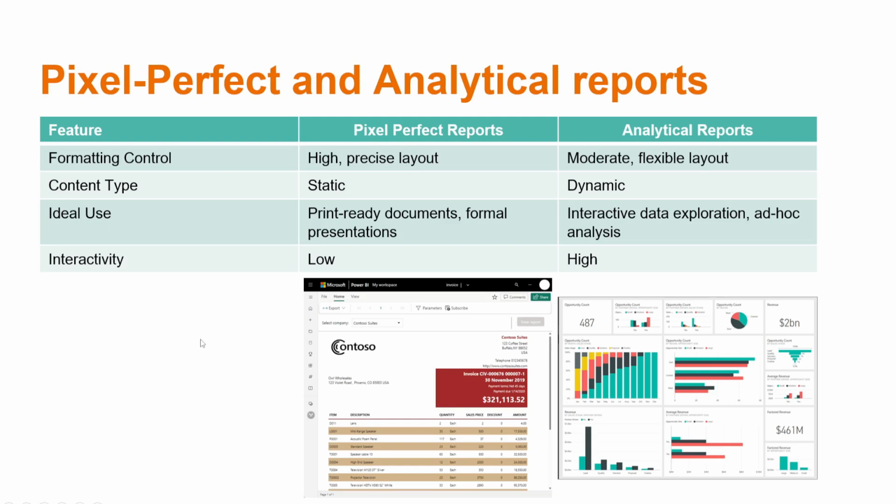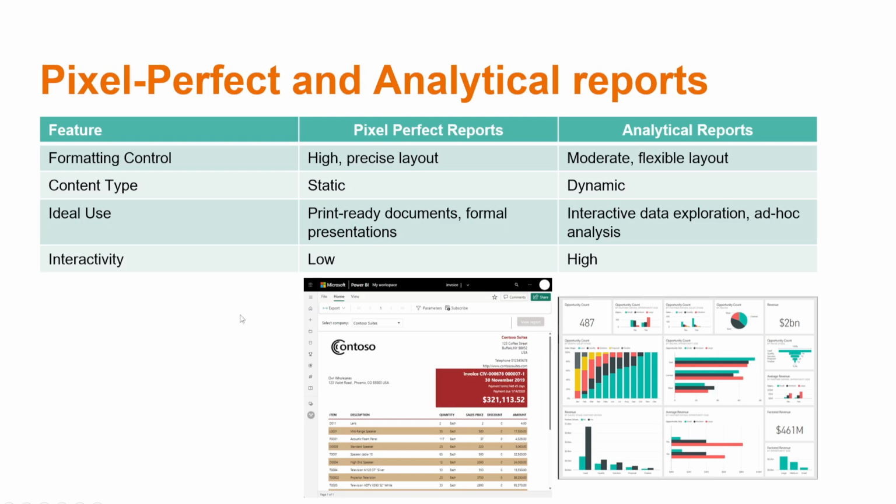And coming to the content type, a pixel perfect report usually gets populated with static content, whereas analytical reports contain dynamic content based on the user selection. It can be different slicers on the report, or we might be interacting with the visuals in the report itself.